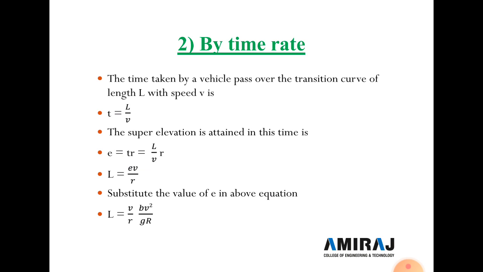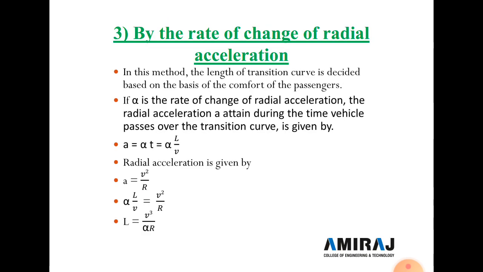So capital L, the length, is equal to E V divided by small r. Now substitute the value of E, B V square divided by GR, in the above equation, giving the length of the transition curve.